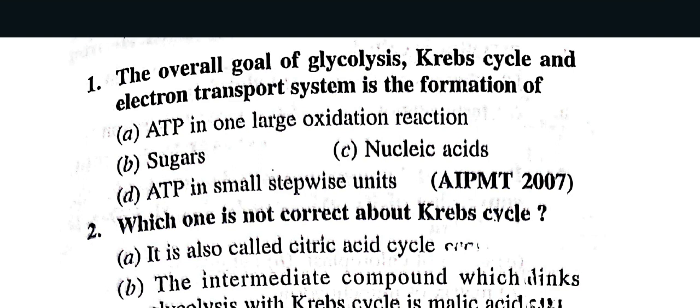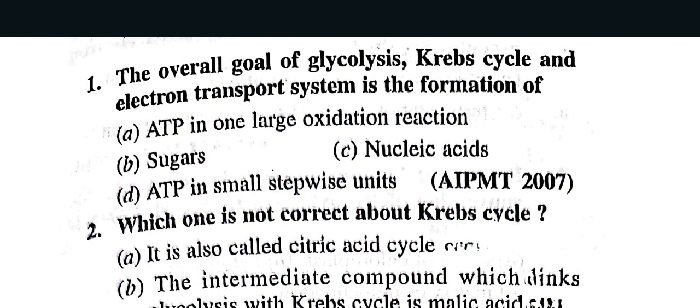So the ultimate aim of this electron transport system is to produce adenosine triphosphate in small stepwise units, because these are the steps of aerobic respiration: glycolysis, Krebs cycle and electron transport chain.